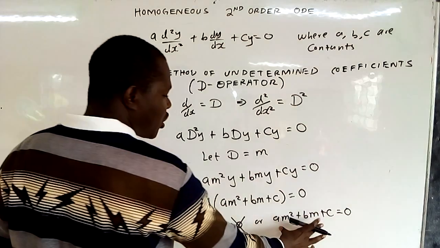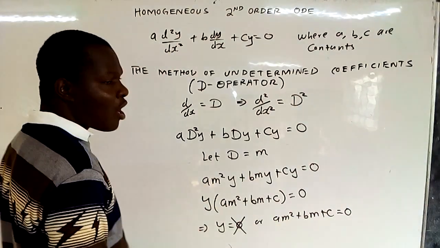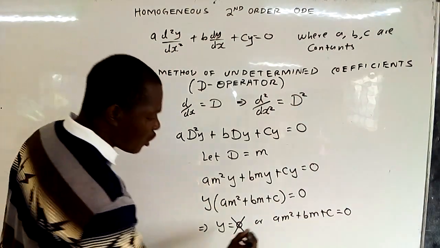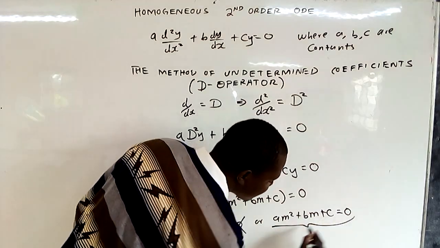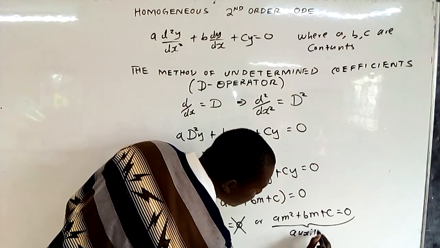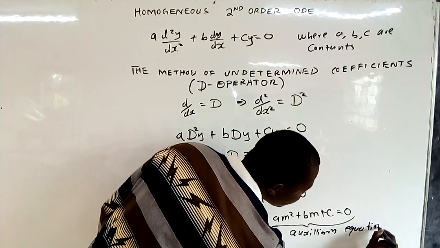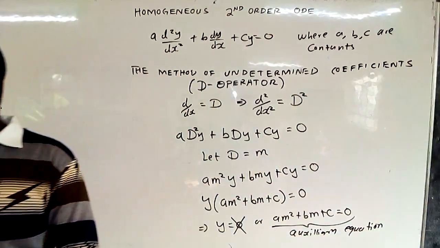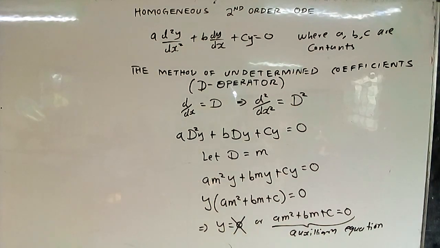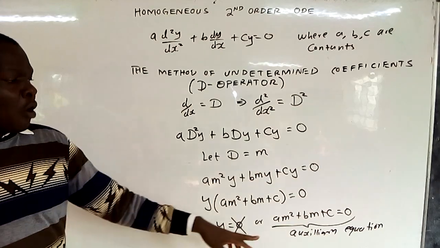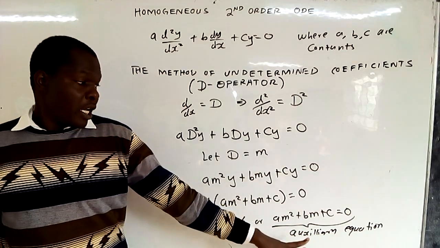Now this equation we are getting is what we call the auxiliary equation. It is the auxiliary equation that we are going to use to solve a second order homogeneous ordinary differential equation.